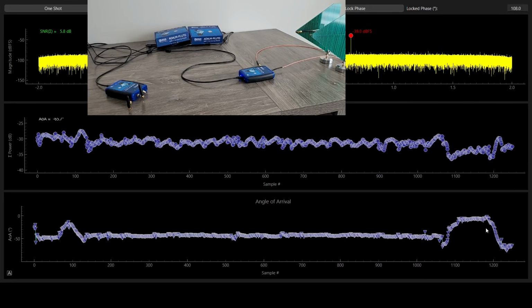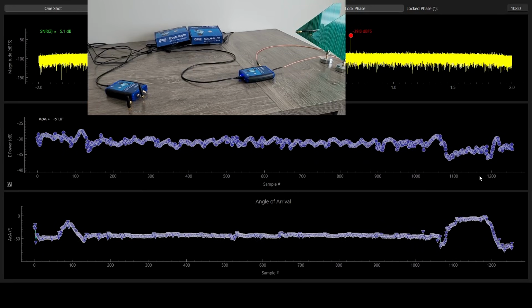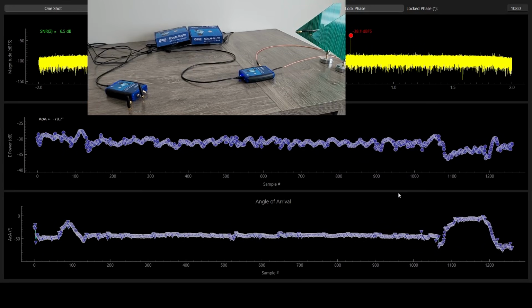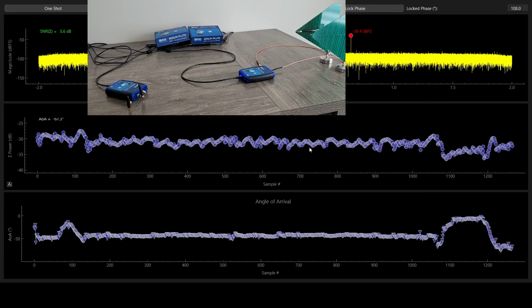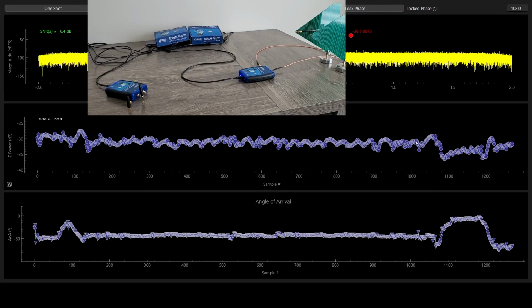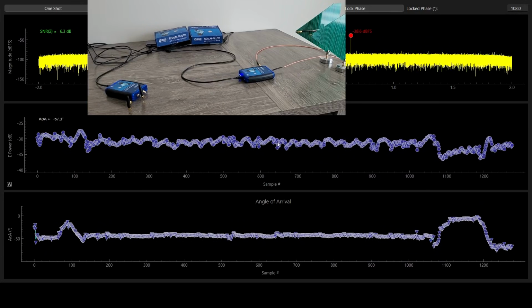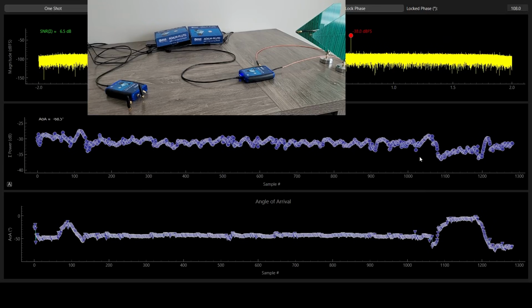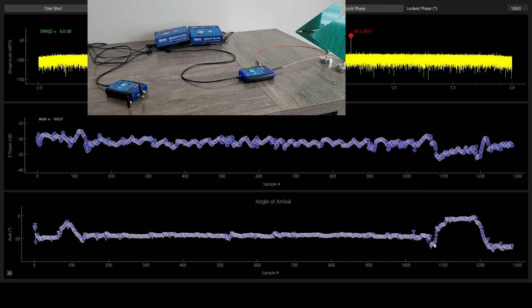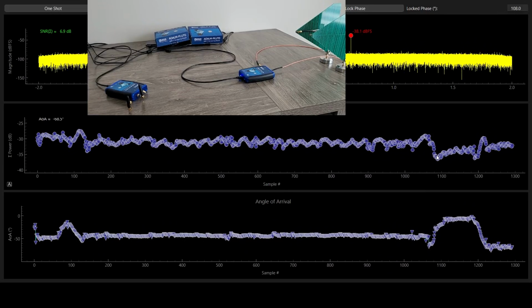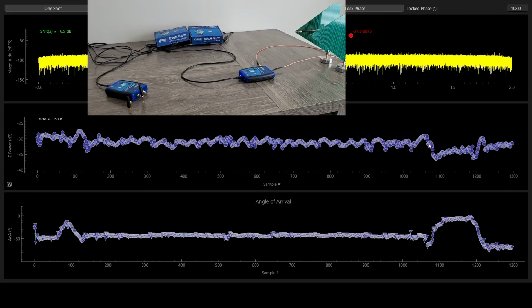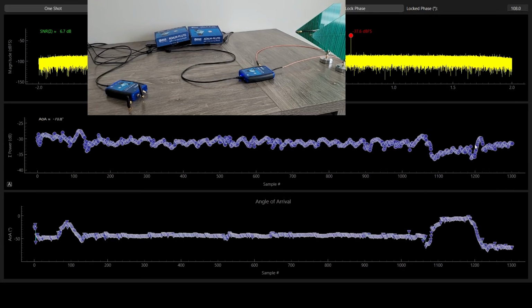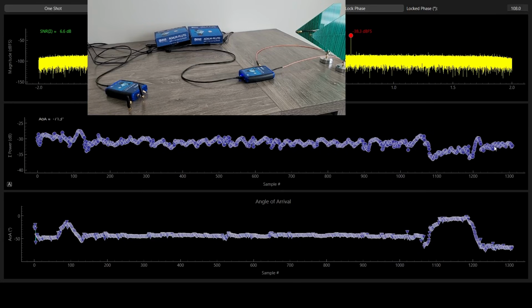But one thing to notice is that although the angle of arrival is changing, we are not seeing a very significant change in the received power in the second plot. You can see during the ramp there is a fluctuation, but it ramps back up again. You can see here as well, right?